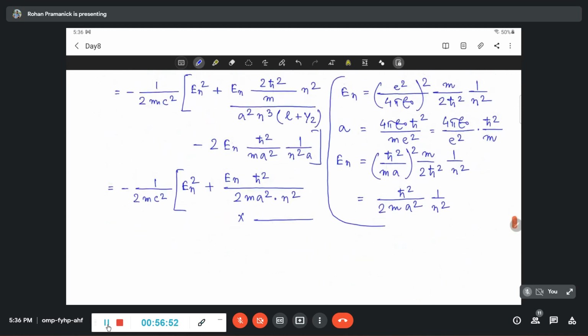So if I take here n squared, I will have n over here. There is L plus half, so let's write it down. Okay, and there is also a 2, so I will have to give here 4, right? I have to give here 4.